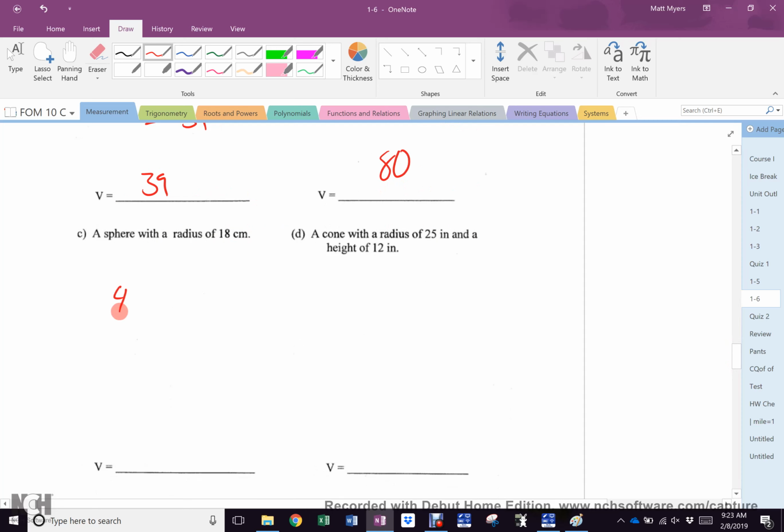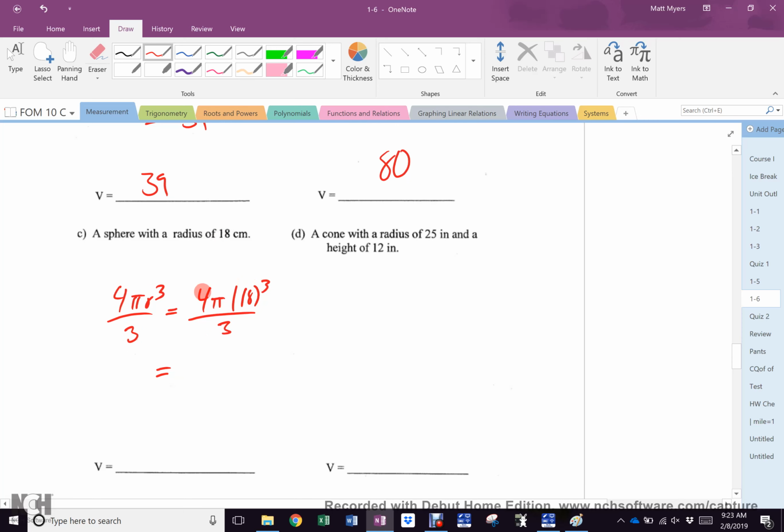Volume of a sphere, 4 pi r cubed divided by 3. 4 pi times 18 cubed divided by 3. 18 cubed is an incredibly large number. It's 324 times 18, which is something like 5,832.